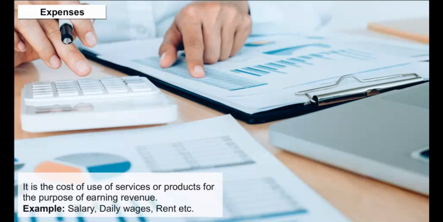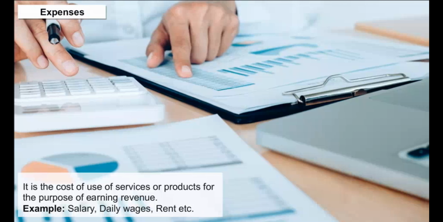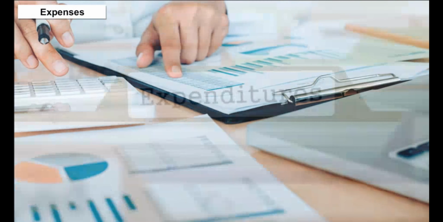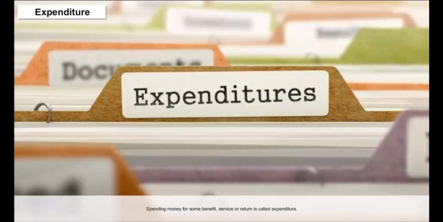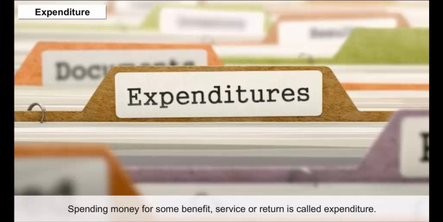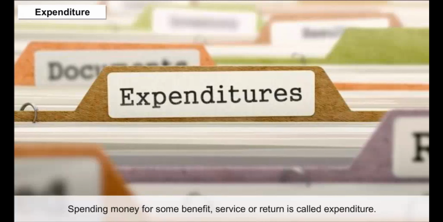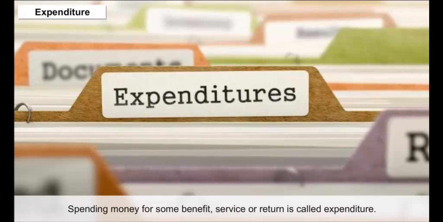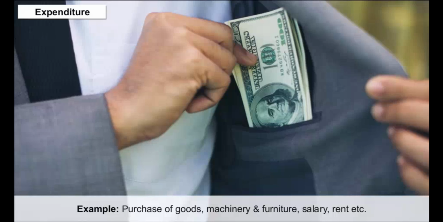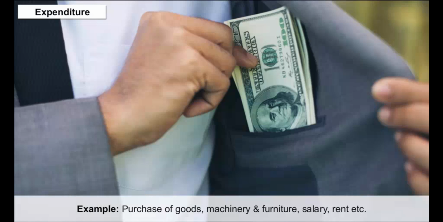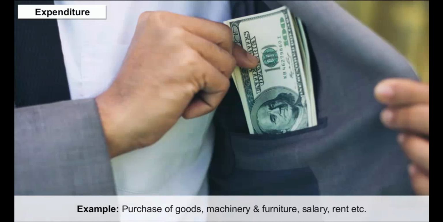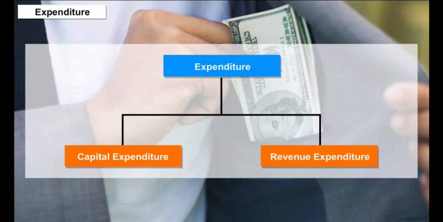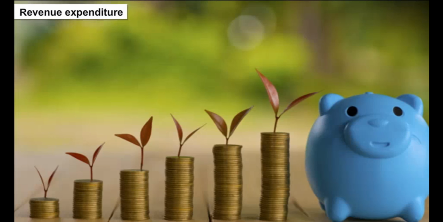Example, salary, daily wages, rent, etc. Expenditure. Spending money for some benefit, service or return is called expenditure. Example, purchase of goods, machinery and furniture, salary, rent, etc. Expenditure can be capital or revenue expenditure. Revenue expenditure.